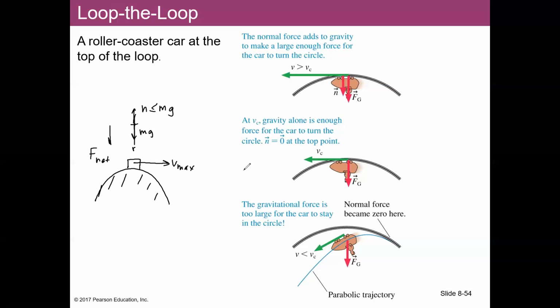It'd be plus n, and no, actually it would be minus n, because we have to make sure our coordinate system is correct. It's minus n plus mg equals plus mv squared over r, because the r is positive downward, and that's the r coordinate, and this is the r radius.